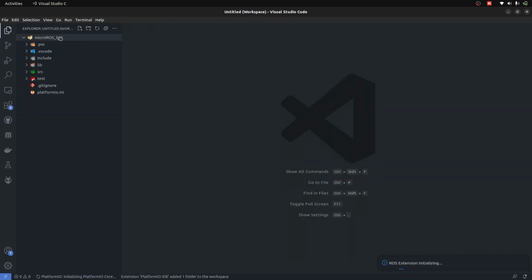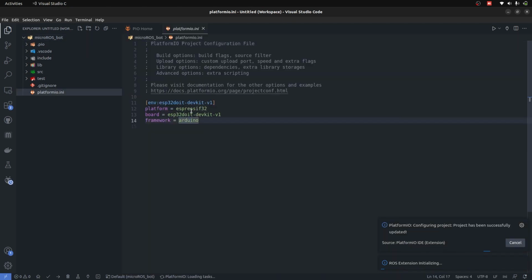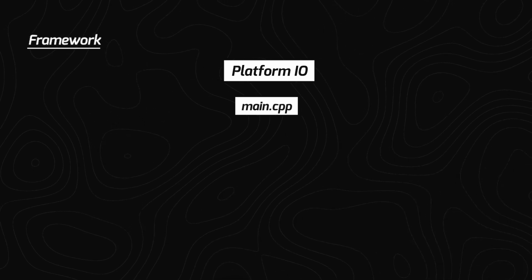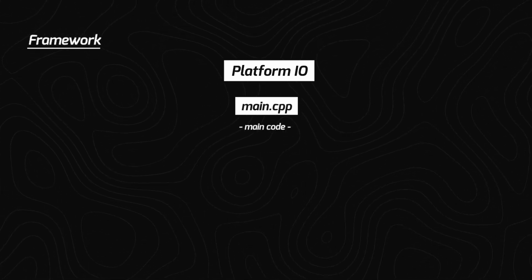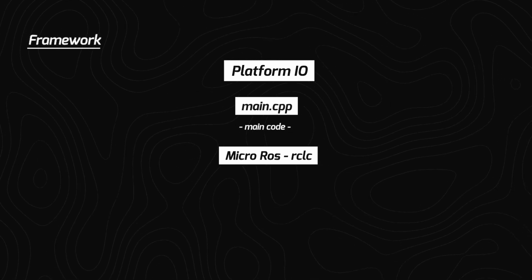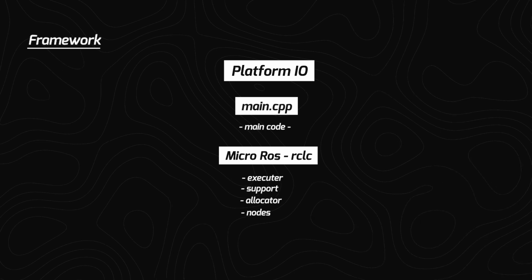You have to open only the folder that you have, so PlatformIO gets initialized easily. It tells us about the ESP32 and its dev kit settings. First of all, we have platformio.ini. Then inside of that we have the main CPP file that is going to contain the main code. With Micro-ROS RCL CPP, we have four points to look into for creating a node.